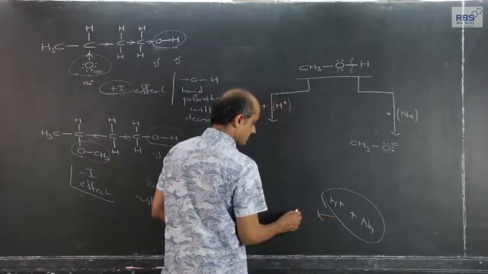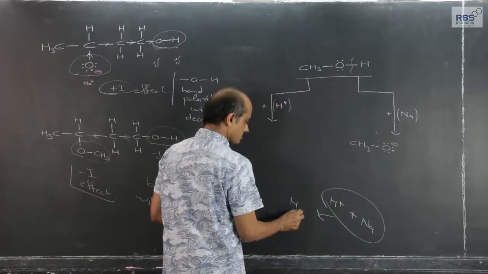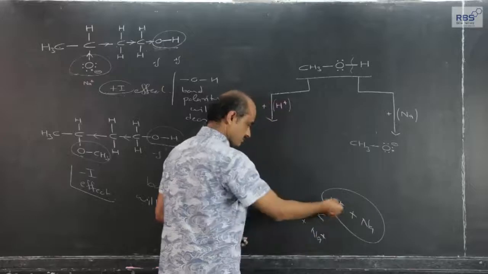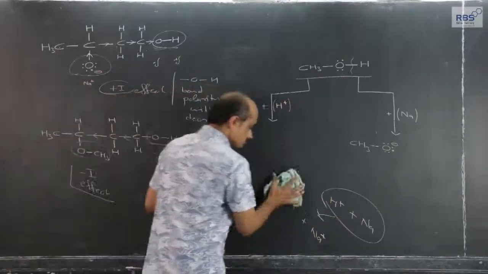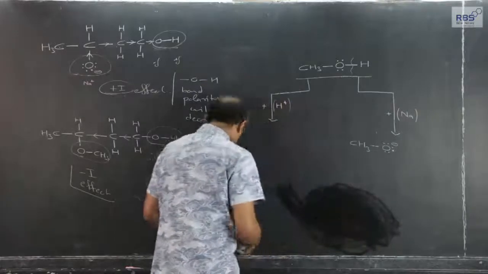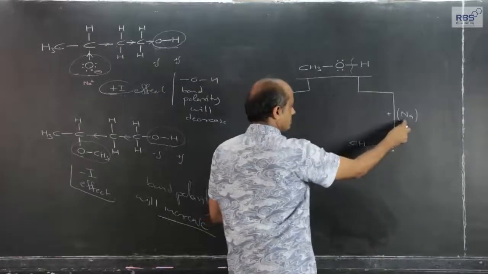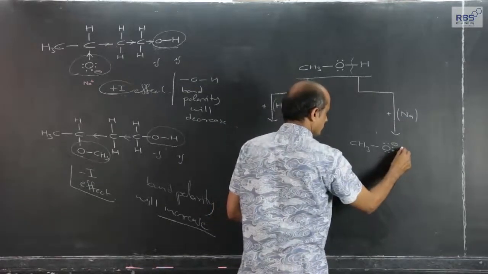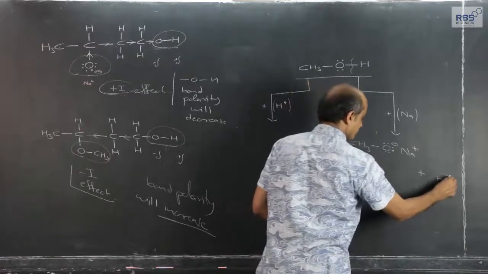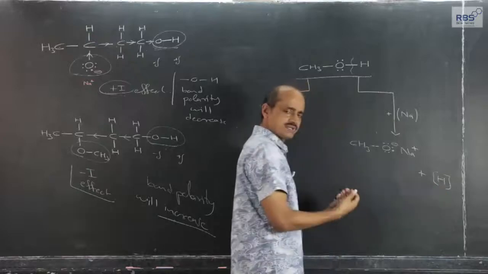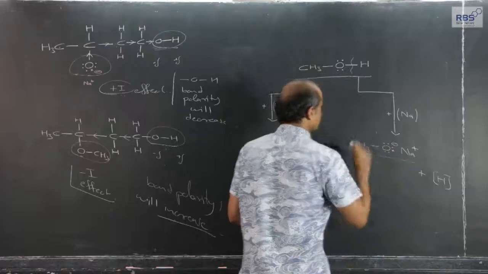It reacts with sodium and sodium donates its 11th electron and gets converted into Na plus. This is not new for us. And therefore, now I can write directly methyl alcohol reacted with sodium gives sodium methoxide plus nascent hydrogen. These nascent hydrogen atoms can combine and get converted into H2 gas. So, this is one reaction.